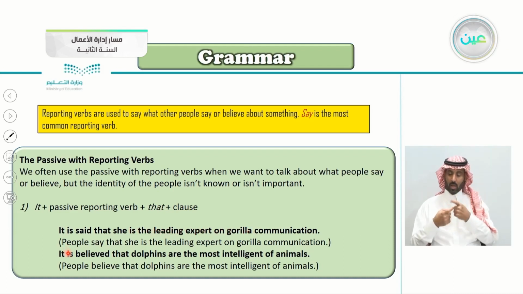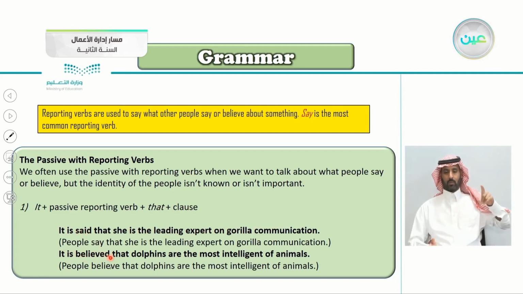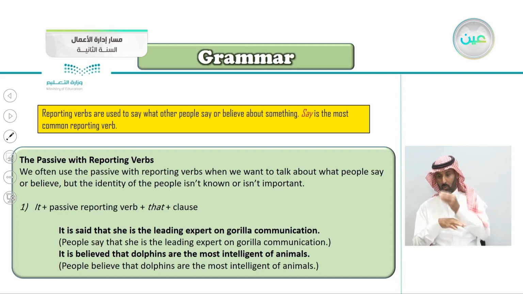Here also the second one, it is believed. So here we used said, here we used believed, that dolphins are the most intelligent of animals. The original sentence is, people believe that dolphins are the most intelligent of animals. So we don't say by people, because why?